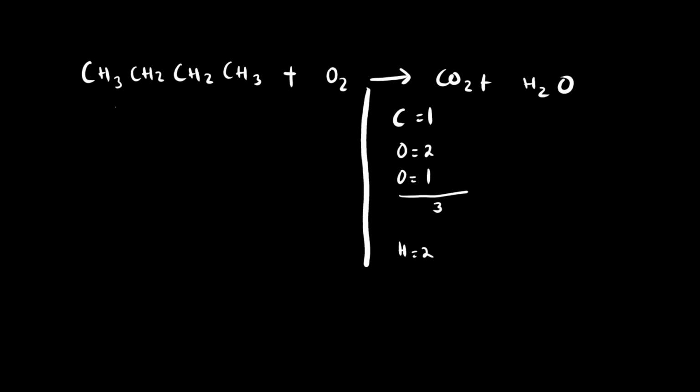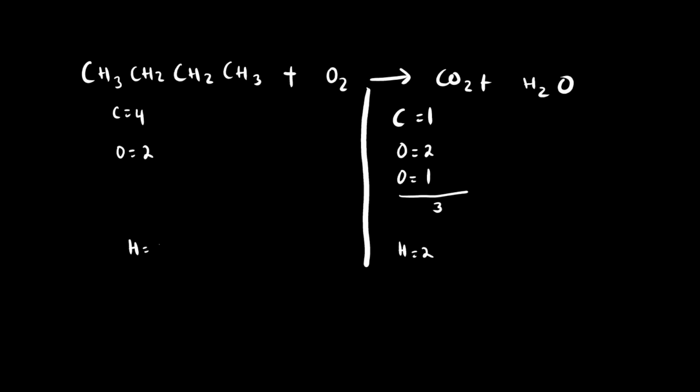On the left we have 1, 2, 3, 4 carbon, and we have a total of 2 oxygen on the left, and as for the hydrogen, we have 2 plus 3, we have 3 plus 2 plus 2 plus 3.